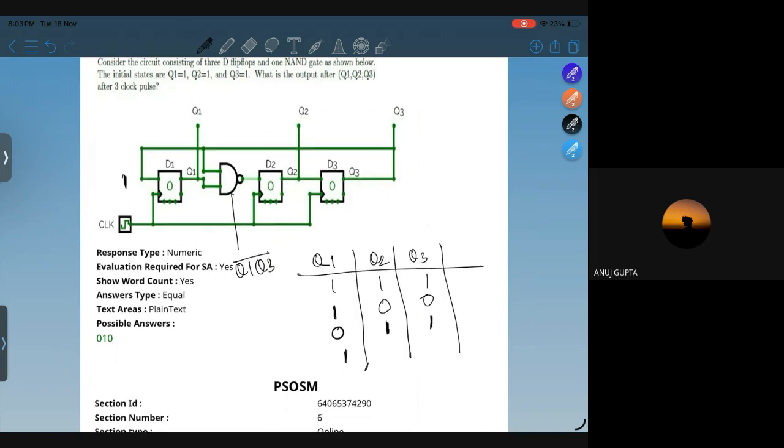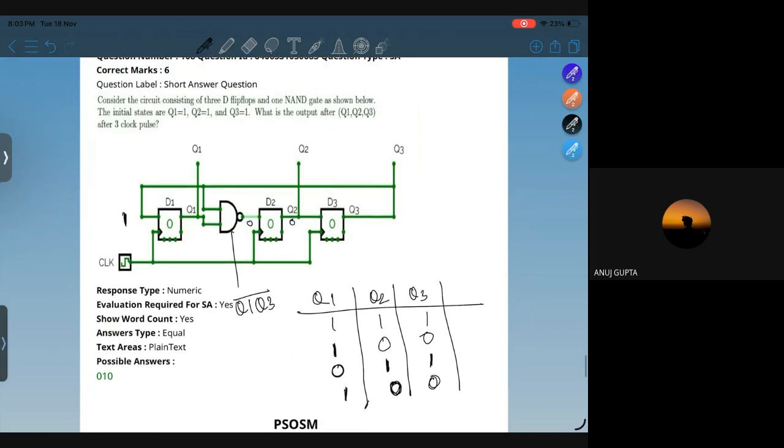And if I check Q2, it will be the NAND of Q1 and Q3. So Q3 is 1, Q1 is 1, so the output is 0. So 0 goes in, 0 goes out. This is 0. And the same Q2 is passed as Q3. So whatever is Q2, this is it. Did I make any mistake after 3 states?